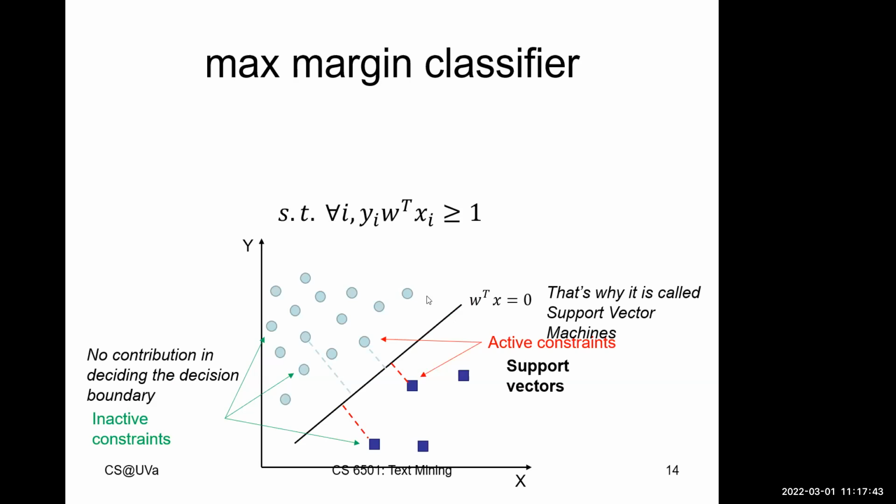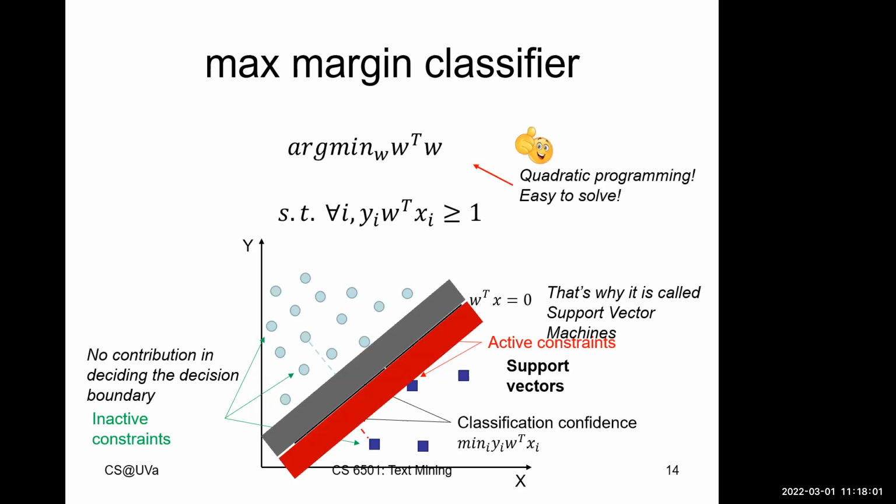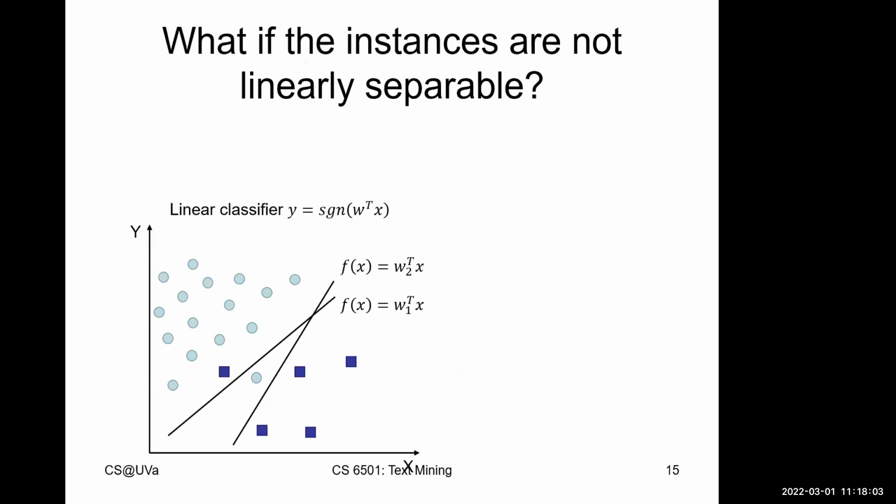In this example, we can separate them with a line, which is called the decision boundary. And these two classes, because they can be separated by a line, are linearly separable. What about here? These two classes, the circles and squares. They are not linearly separable.